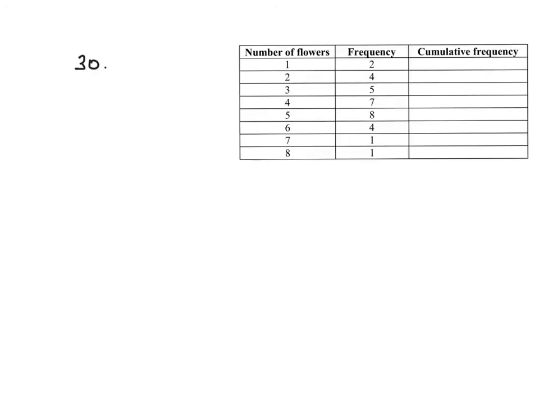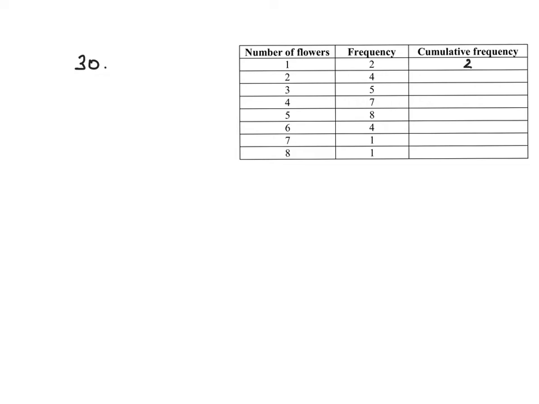Question 30, here's our frequency table. We've got a cumulative frequency column. So we have to complete the cumulative frequency column. Well, the first number is going to be 2.